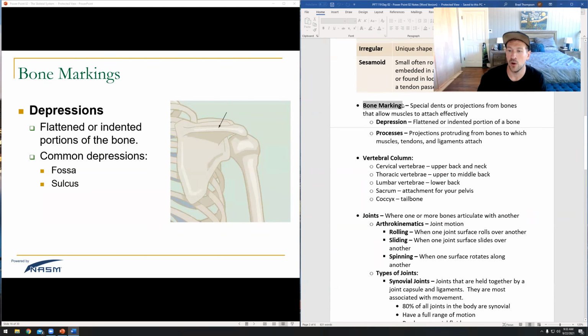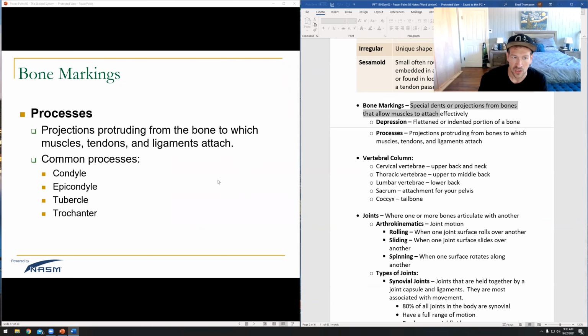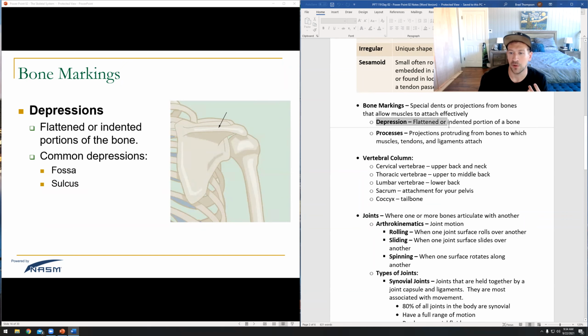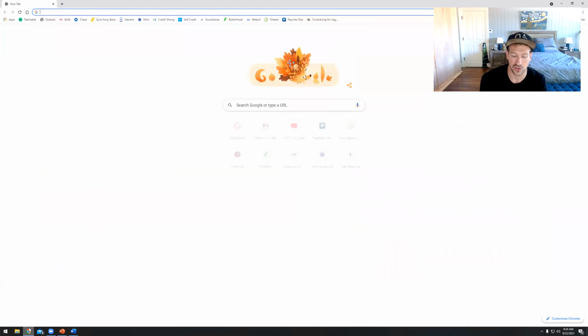So bone markings are these special dents or projections that allow muscles or ligaments to attach much more effectively, right? So depressions are flattened or indented portions. You can see here on the spine of the scapula, there's a big dent, and that allows a muscle to rest up here, called your supraspinatus.